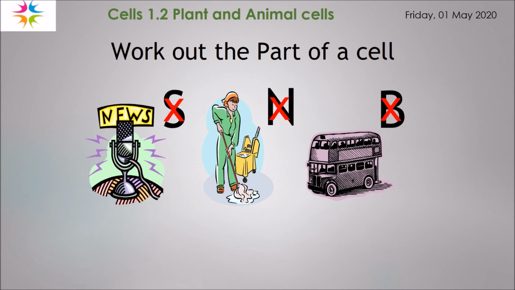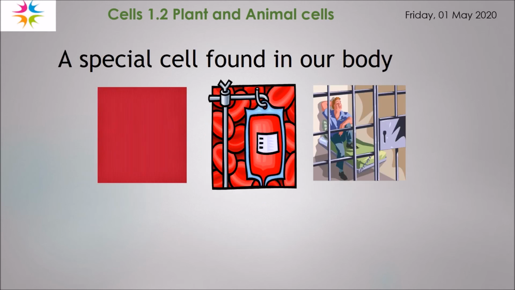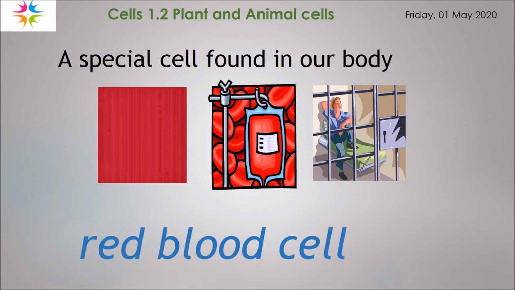So it's news without the S. I'm sure you got that. Nucleus. Last one. A special cell found in our body. And it's a red blood cell. Okay, well done if you got all of those right.